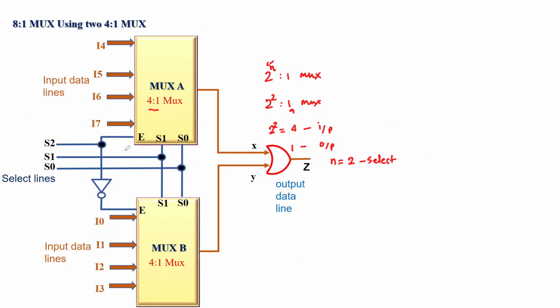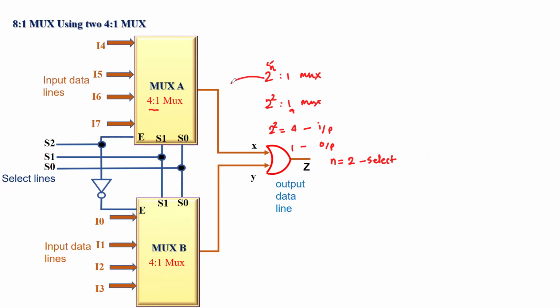Now, what we have done, along with S1 and S0, we have used another line, which we call a select line. Together they make three select lines, because eventually we want to create an 8 to 1 MUX.